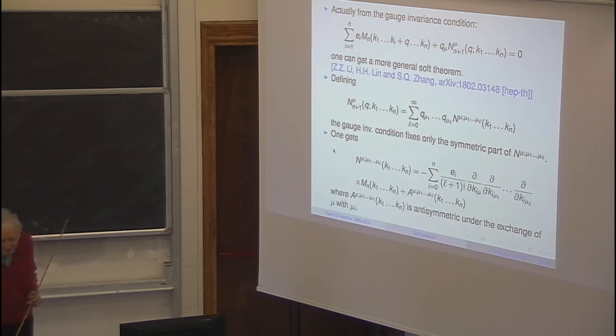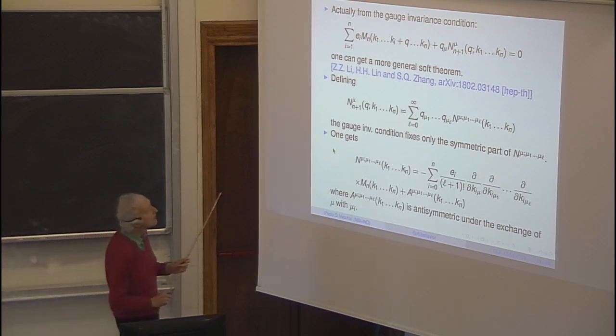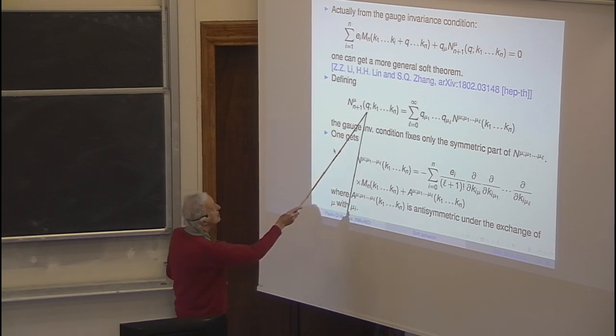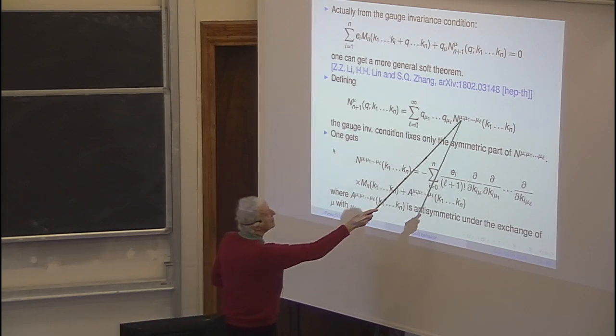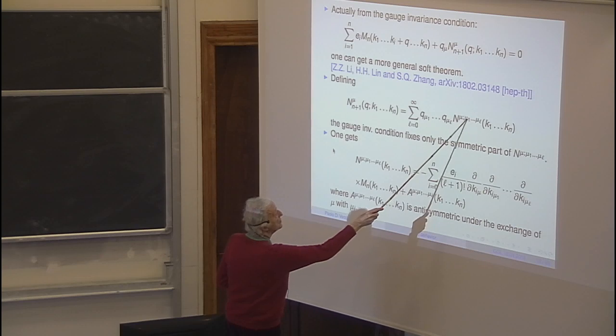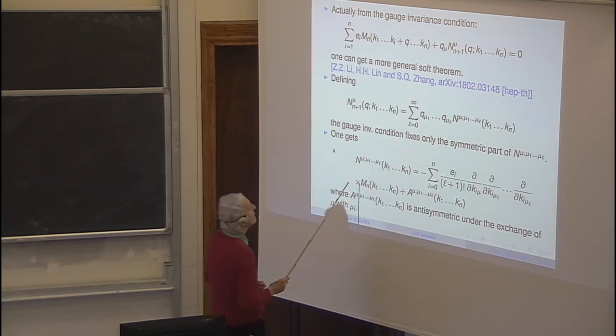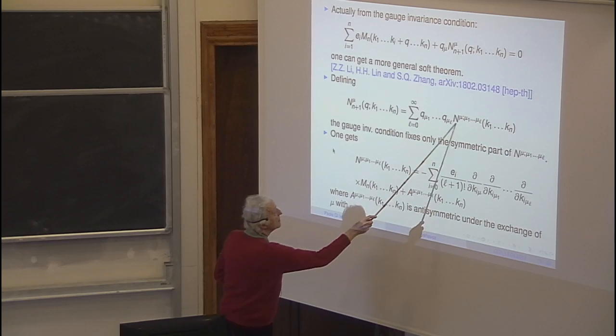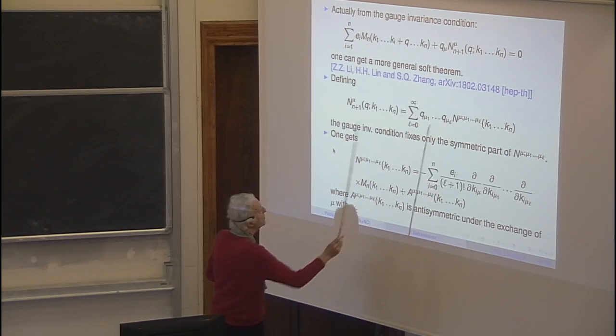Actually, from gauge invariance, you can get more than that. And this is a paper from people from Taiwan, in which you can completely determine, if you write N mu nu and you expand in terms of these indices, then gauge invariance fixes completely the completely symmetric part of the N mu nu.